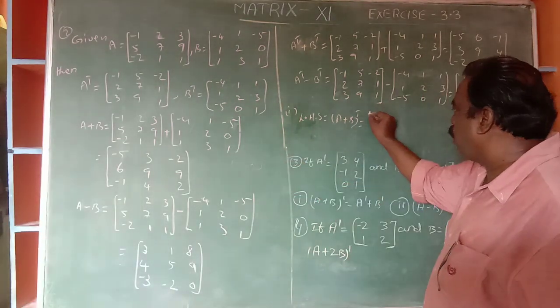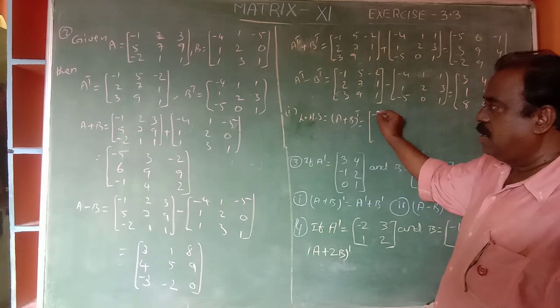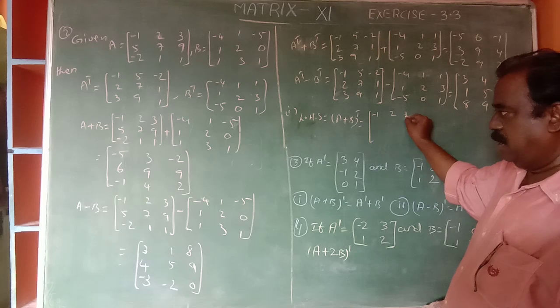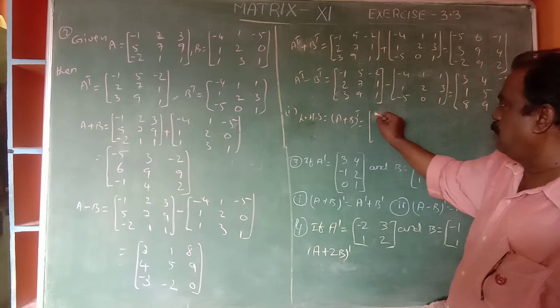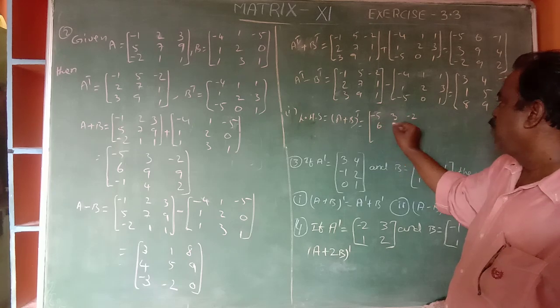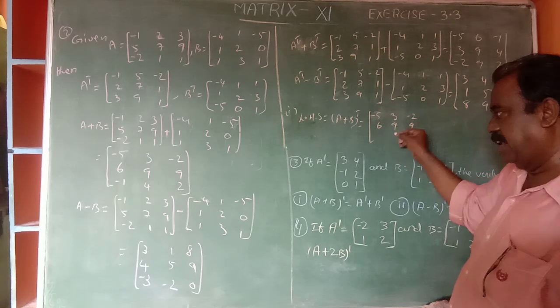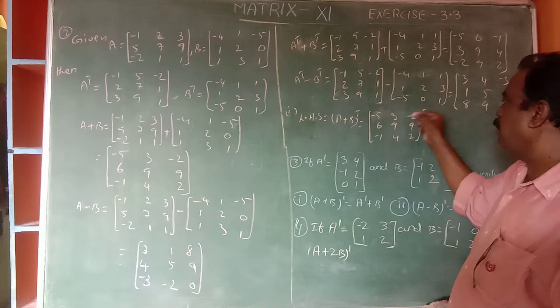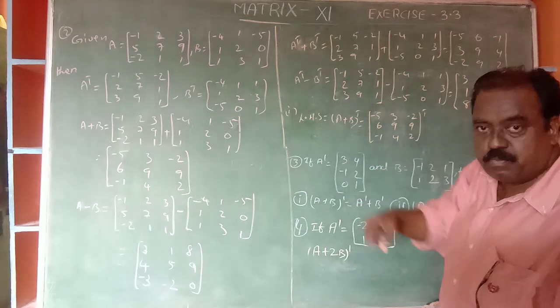A plus B is this one. It is minus 1, 2 and minus 5, 3, minus 2, 6, 9, 9, minus 1, 4 and 2, whole transpose. There only A plus B is done.